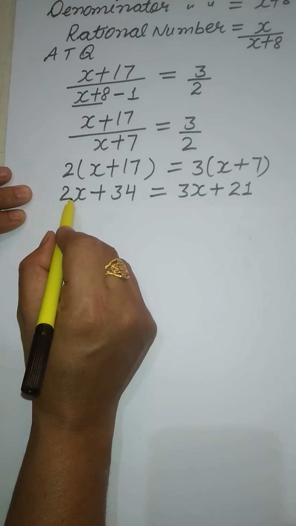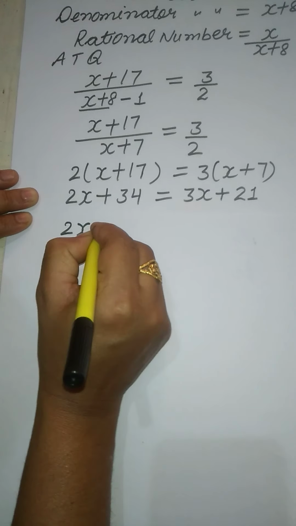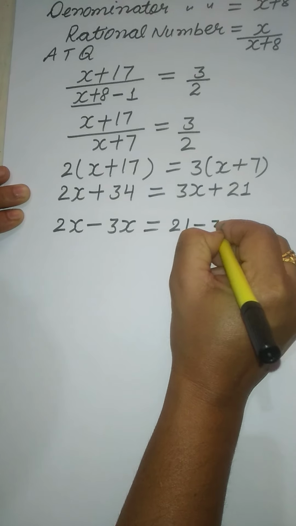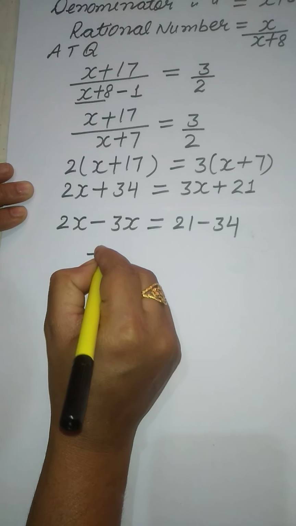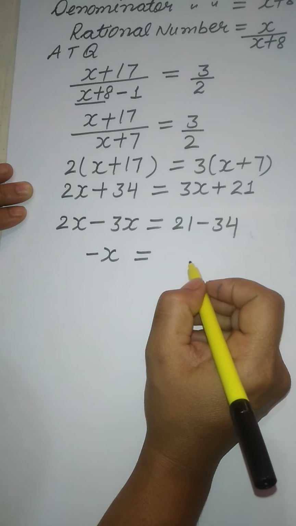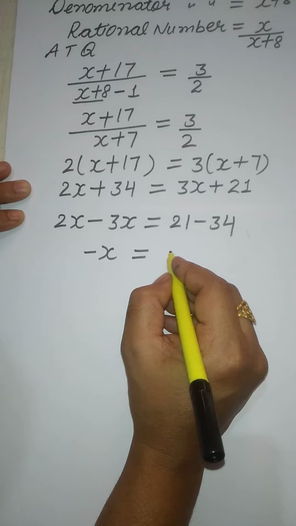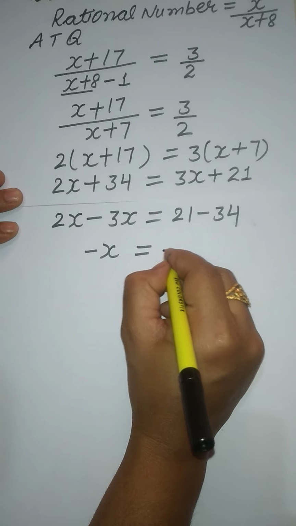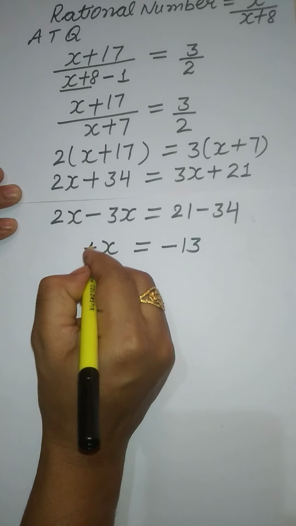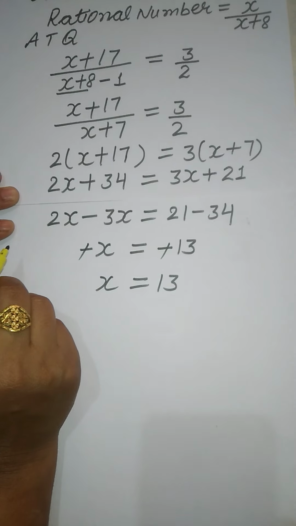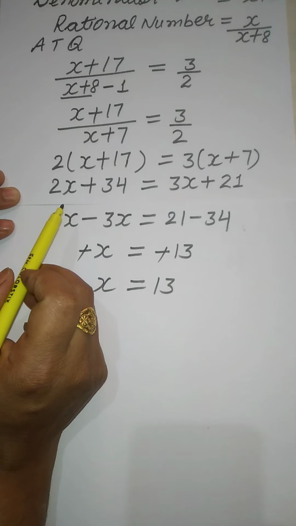Simplify the equation. 2x minus 3x is equal to 21 minus 34. So minus x is equal to 21 minus 34 is minus 13. Minus and minus cancel each other, so x is equal to 13. We are to find the rational number.